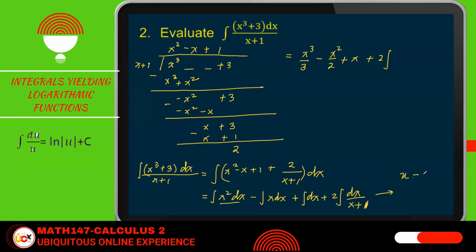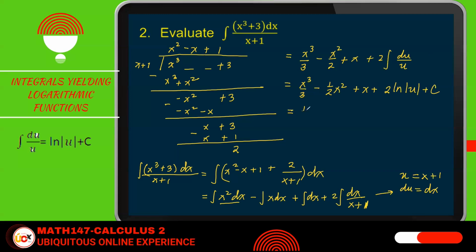Plus 2 times the integral of the last term. We can rewrite this by letting u be the denominator, which is x plus 1, and du the differential, which is dx. Because du is dx, we can write this as du over the denominator x plus 1, which is u. So this is of the form du over u. So we have x cubed over 3 minus 1/2 x squared plus x plus 2 times, recall that the integral of du over u is the natural log of the absolute value of u plus the constant.